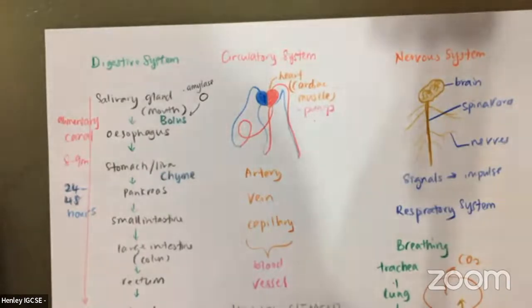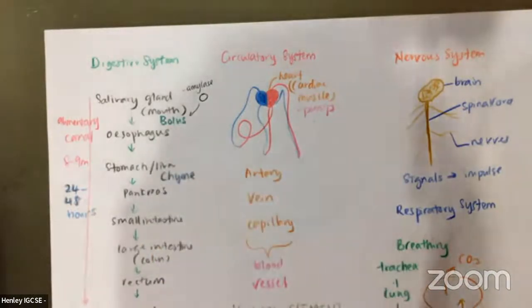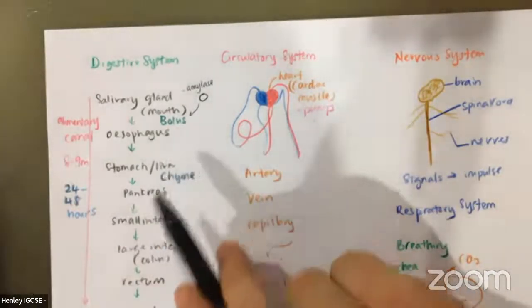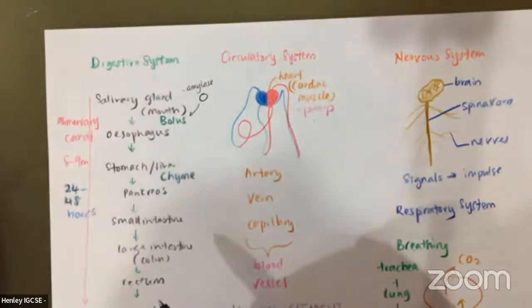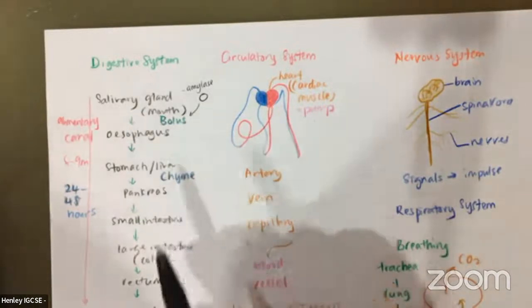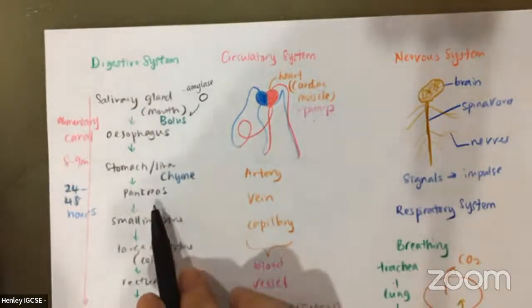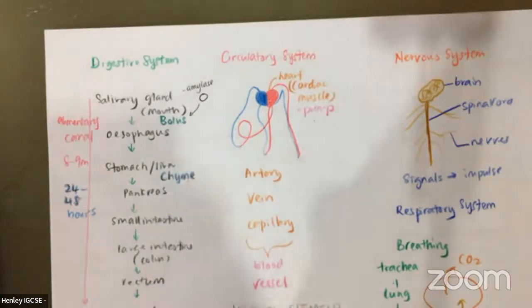So the bolus can move to the stomach through the esophagus, and the liver, and make it a chyme. And also the pancreas will produce the chyme.